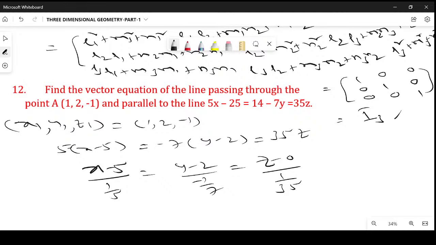But the required line is parallel to this. Parallel means these 1 by 5, minus 1 by 7, 1 by 35 are the direction ratios. So I can write A, B, C equal to 1 by 5, minus 1 by 7, 1 by 35.